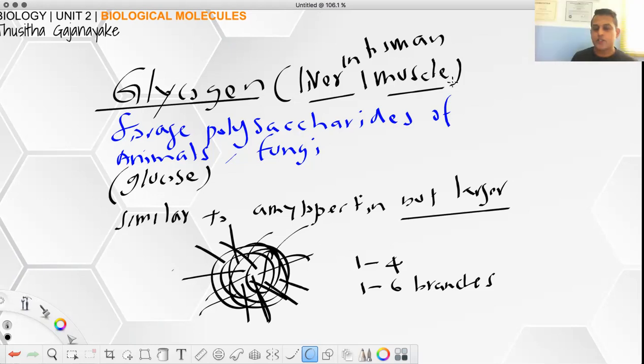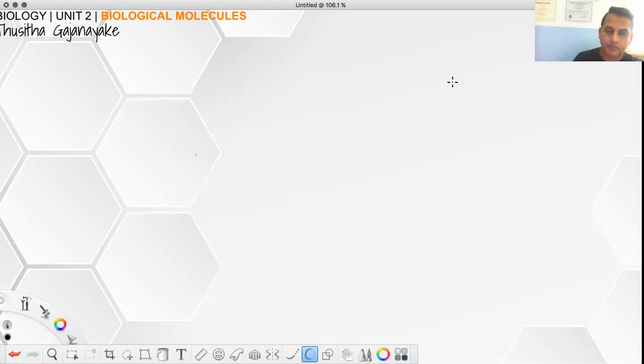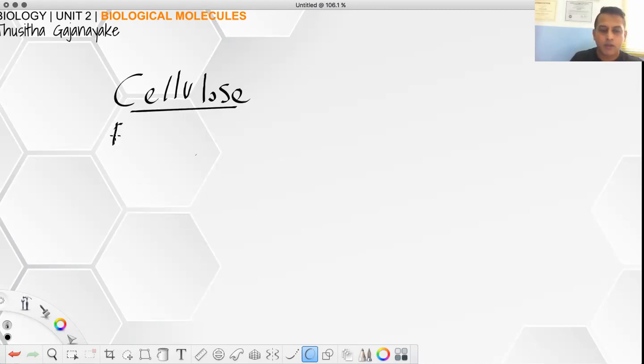Next is cellulose. I hope you copied this one. Cellulose is the main component of the plant cell wall. This is again composed of glucose.